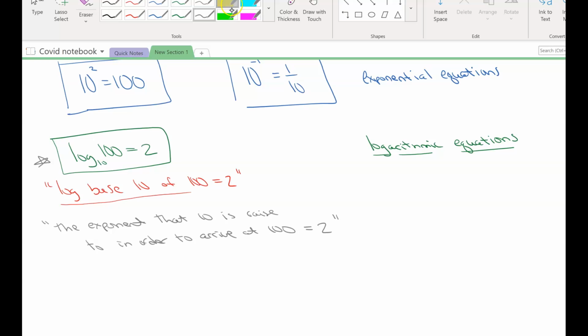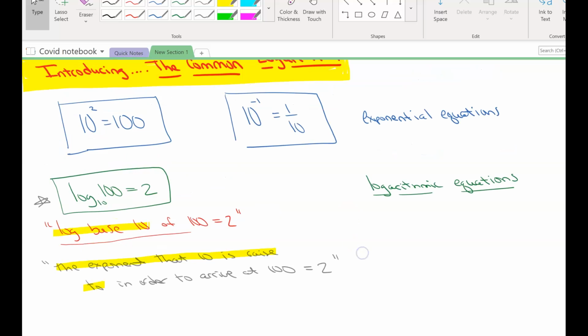Okay? So what's so important is this phrase, log base 10, is much shorter than the exponent that 10 is raised to. All right? So log base 10. It's no coincidence that when you say log base 10, look at the exponential equation.